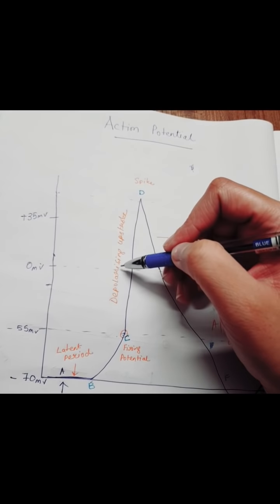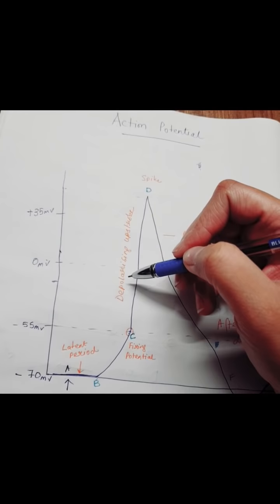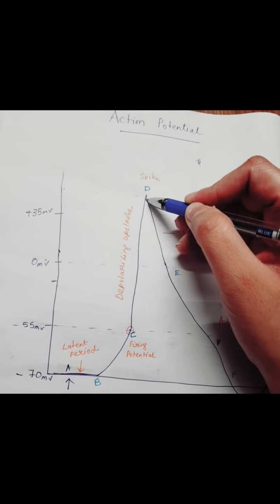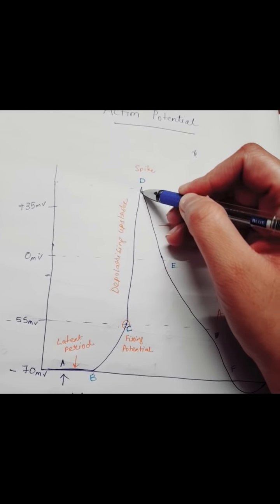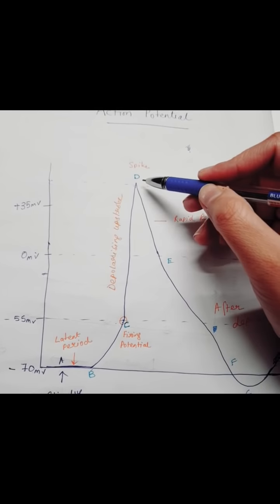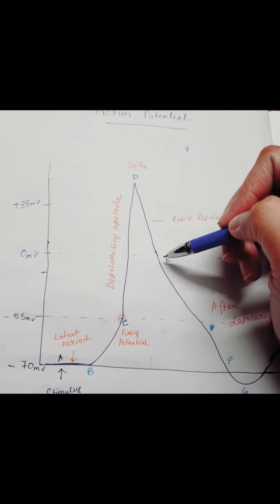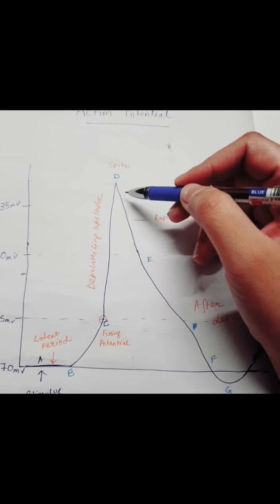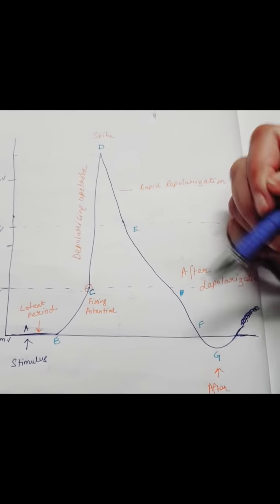This part is known as depolarizing upstroke. As you know, depolarizing means the inner membrane becomes positive. So you see it is becoming positive, plus 35. Then after it reaches plus 35 millivolt, it starts becoming negative again. That is, the polarity is reversed. The membrane potential then moves towards the negative side. Okay.